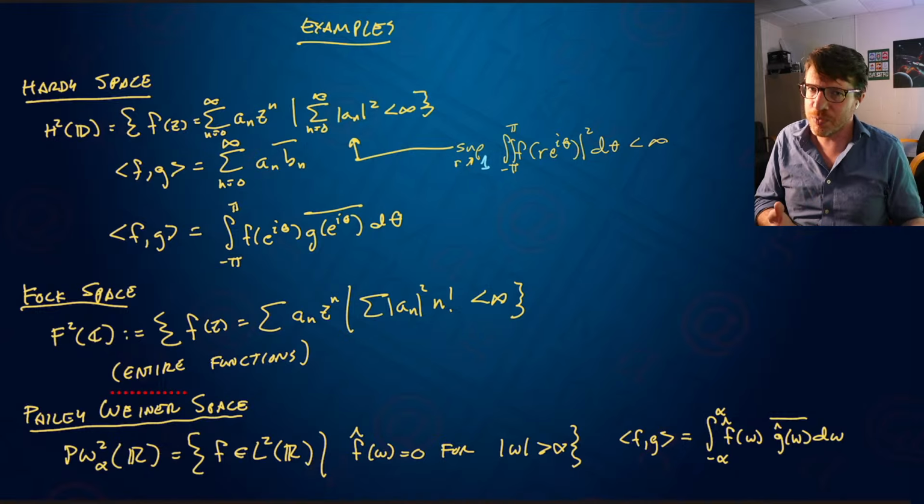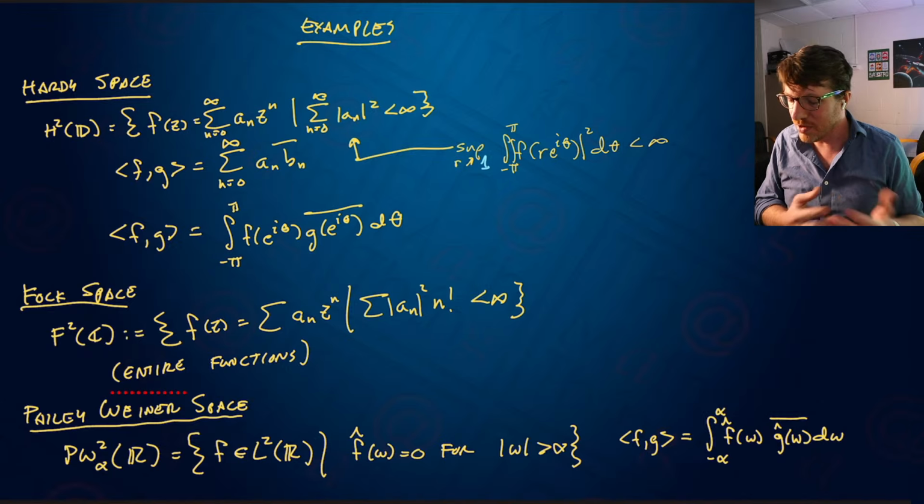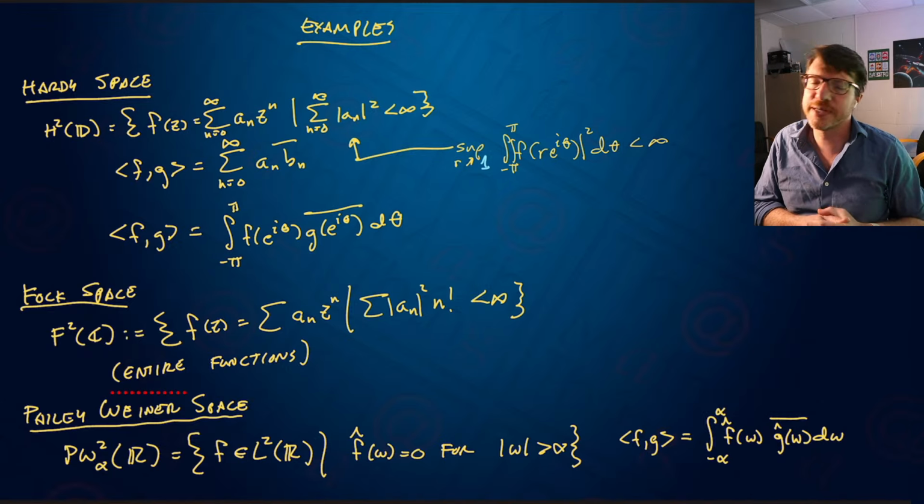In fact, you get a lot more than continuity out of this. f turns out to be a real entire function, or an entire function on the real line, and that's because of the compact support.